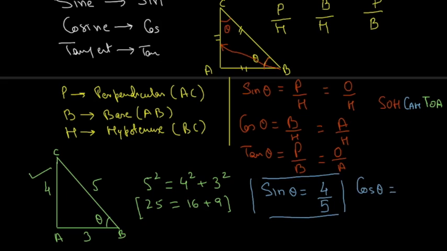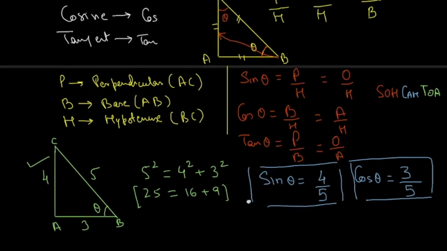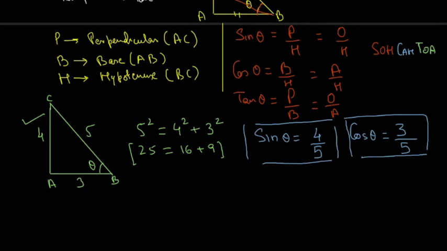Cos theta is adjacent over hypotenuse, or base over hypotenuse. Base is 3, the hypotenuse is 5. So this is our cos theta, 3 by 5. And the third function is tangent.